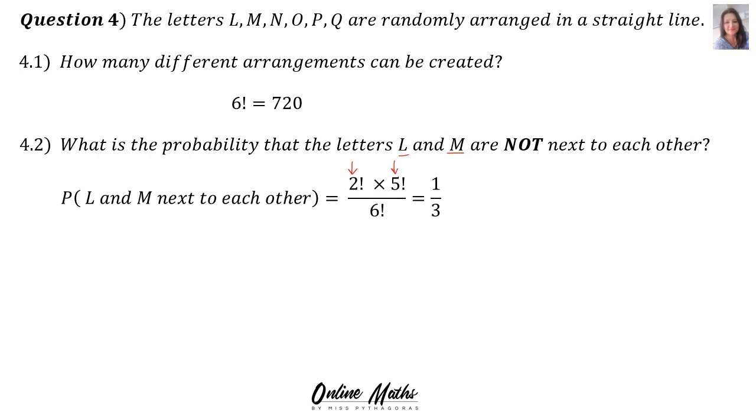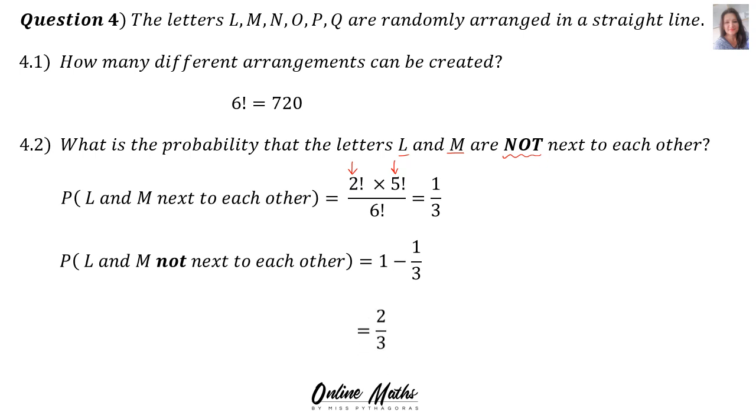Therefore it's times 5 factorial divided by the total 6 factorial. Therefore, we find the probability that the letters L and M are next to each other is a third. But the question wants to know what is the probability that they are not next to each other. Therefore, the probability that L and M are not next to each other is 1 minus a third, and your answer 2/3.